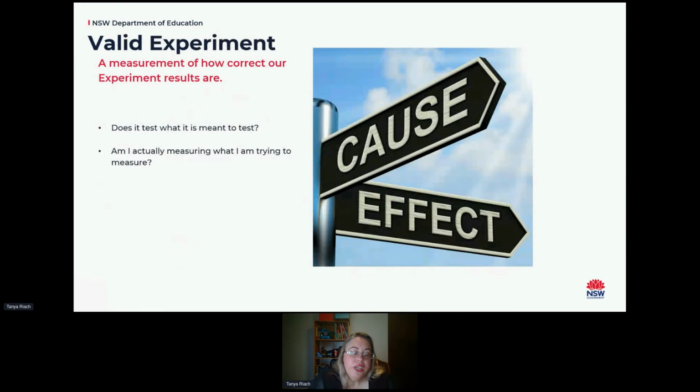We were also looking at what it took to create a valid experiment. So making sure that what we were testing actually tested what we were testing, and what we were measuring was actually what we were trying to measure. Because depending on where the students were putting their items, it got to a lot of discussion about fair tests and controlled variables.